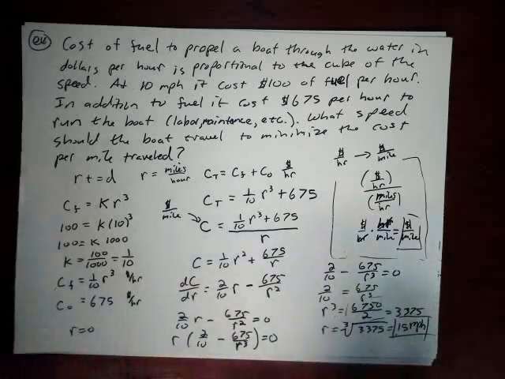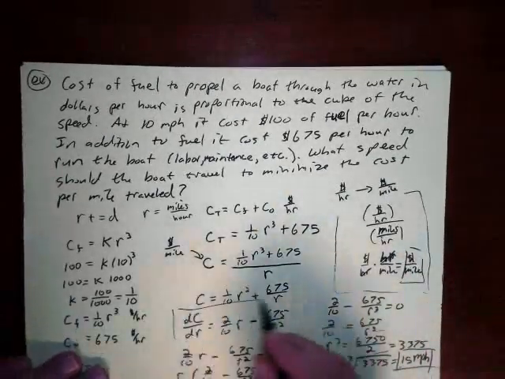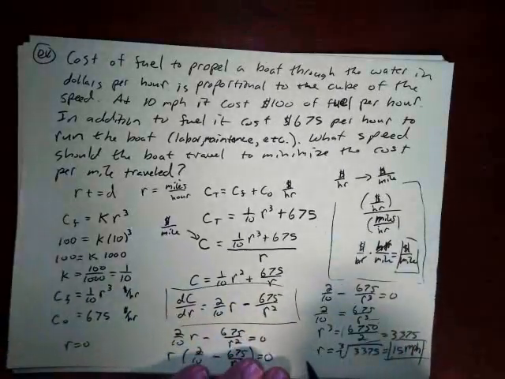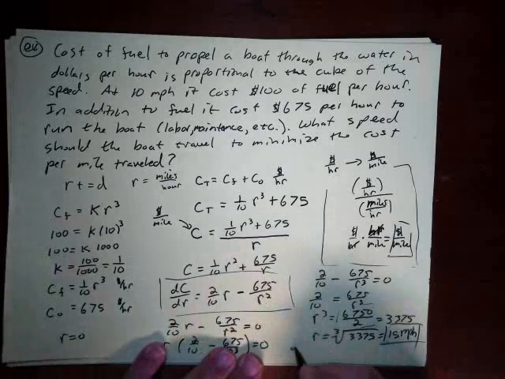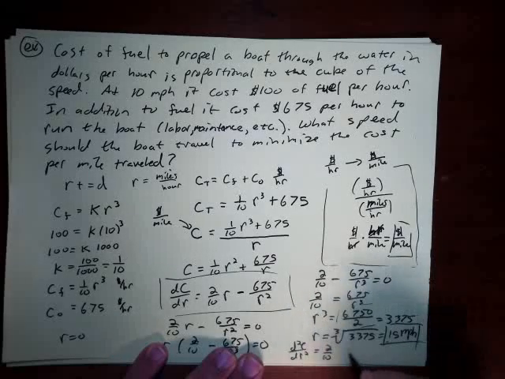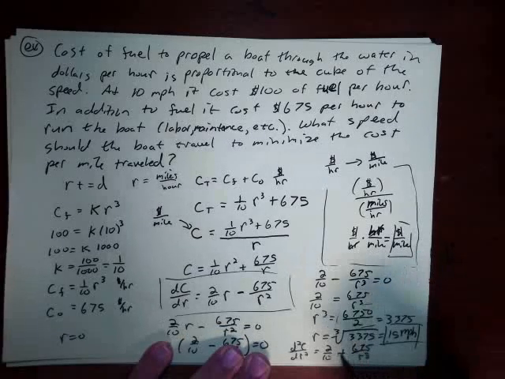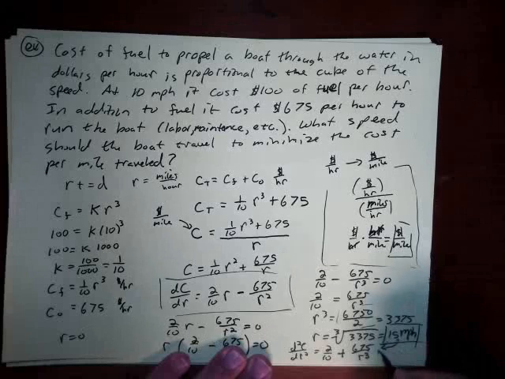We know that's a critical point. We don't necessarily know that it's a minimum. So what I need to do is take the second derivative here, and I don't know, can I fit it on here? Basically, when I take the second derivative, this goes down. I'm really squeezing this in. d squared C over dr squared, I get 2/10 plus 675 over r cubed. And so this is what you would get. Putting this in there is going to make that greater than 0.